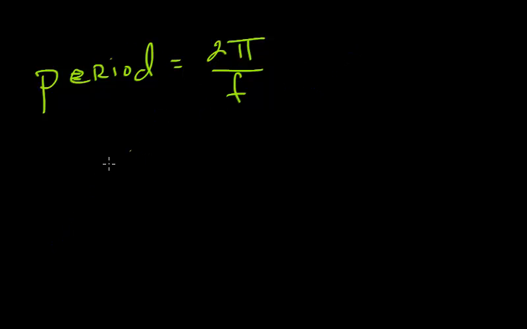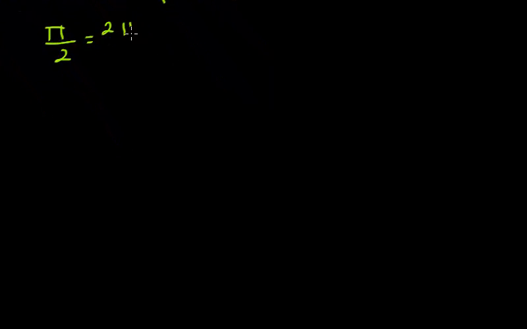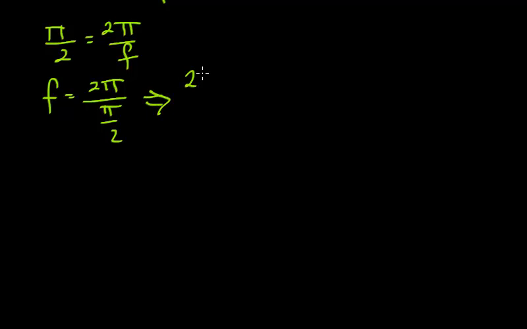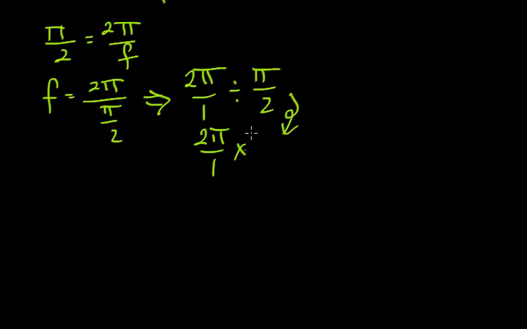Period is pi over 2, so I can say pi over 2 equals 2 pi over f. And if I replace these two, then f equals 2 pi over pi over 2. And so that all means 2 pi over 1 times, and that one gets flipped over, 2 over pi.